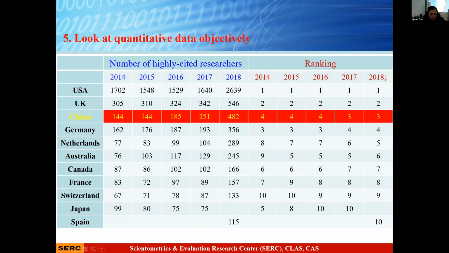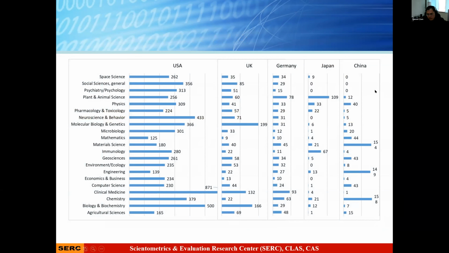And the fifth one I want to present is also very interesting. Let's look at the quantitative data objectively. If we look at the rankings and the numbers of highly cited researchers, we can find that China ranked very high, up to third in 2018. But we want to use a map to show the accurate picture.